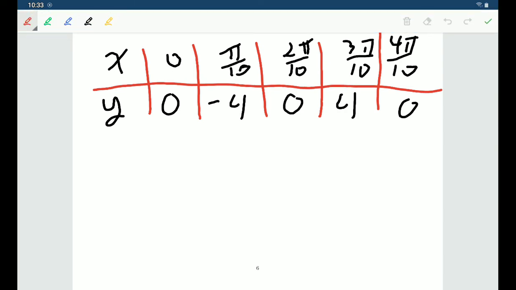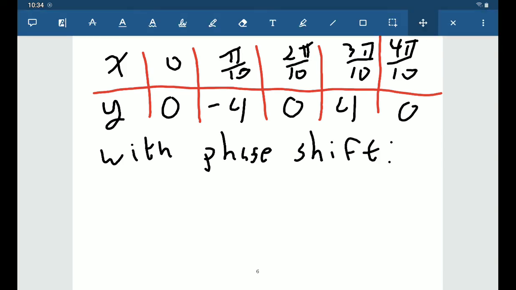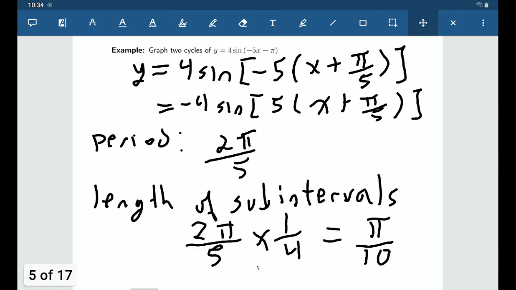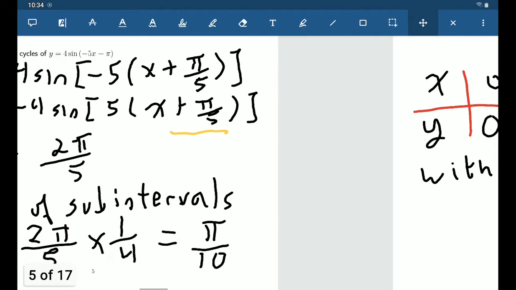Now, with the phase shift, we are going to have to subtract pi over 5 from all of our x coordinates, reminding ourselves that we were looking at this function where the phase shift is pi over 5 to the left, so we'll be subtracting pi over 5 from all of our x values.